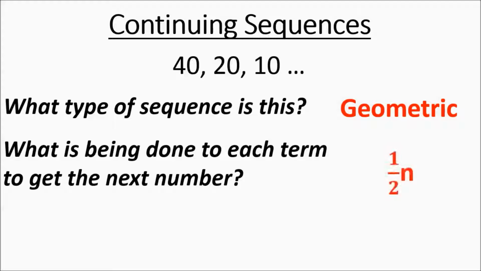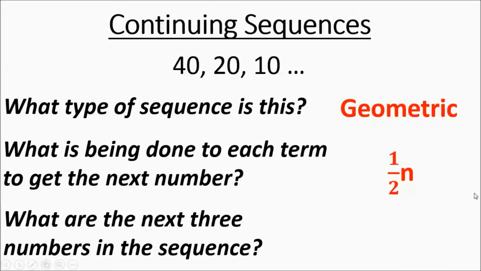You could think of it as a half of n, or n divided by 2. And what are the next 3 numbers in the sequence? Well, you could take the 10. Half of 10 is 5. Then half of 5. A couple ways you could do that. You could do 5 divided by 2. You could go 0.5 times 5 and get the 2.5, and then 1.25, dividing this guy by 2.